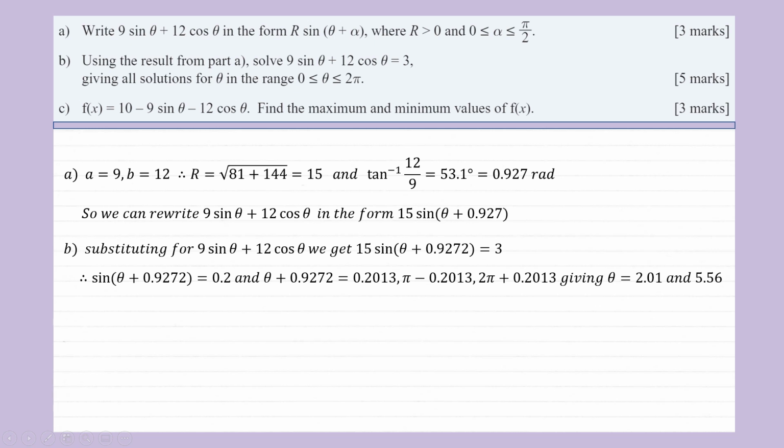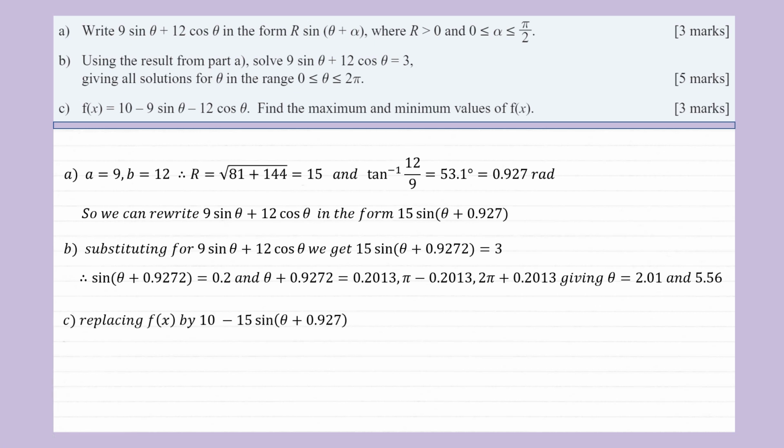So having expressed theta in that form, I then just take the 0.9272 across the equal sign to end up with the actual values of theta which solve this equation in radians, which are 2.01 and 5.56.